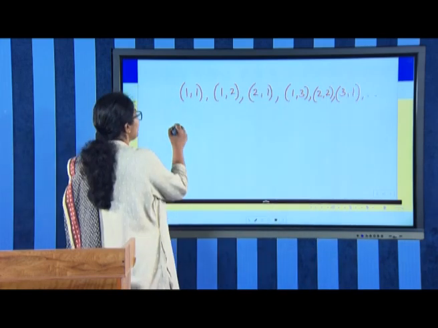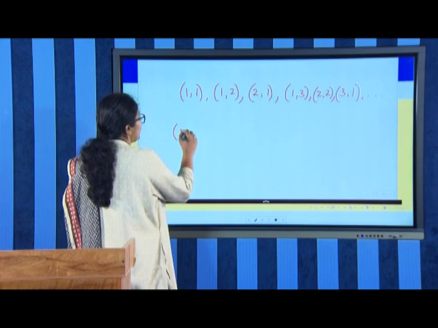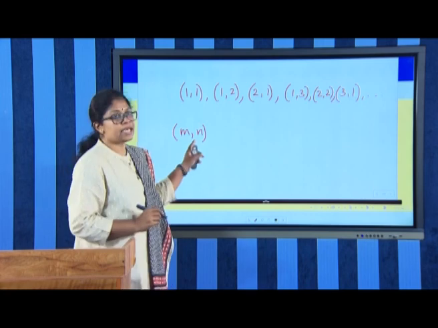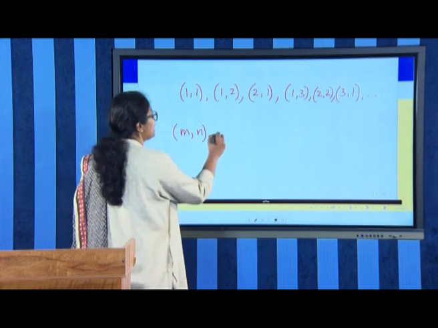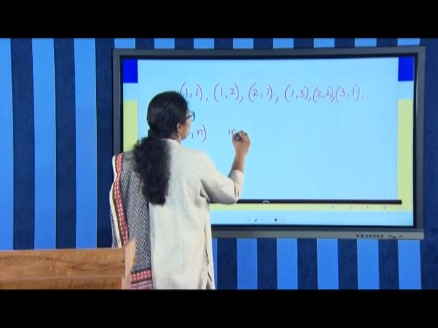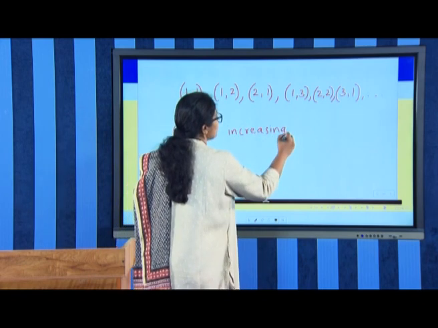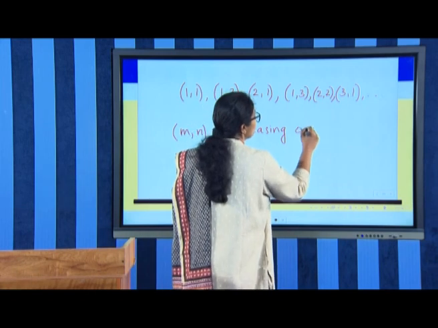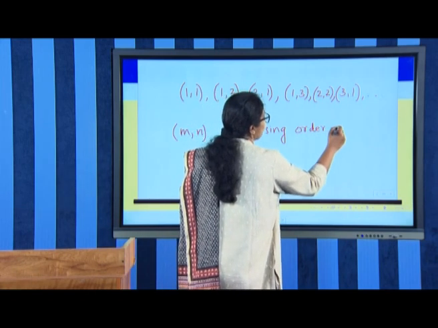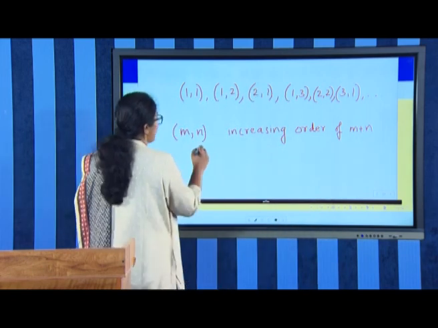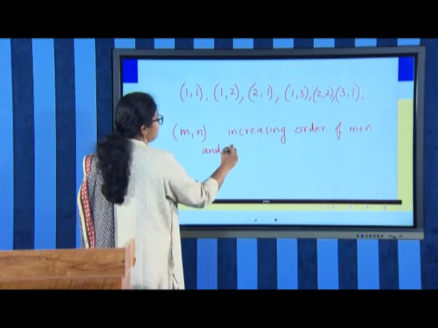So that an ordered pair (m, n) comes in the increasing order of m plus n as well as m.